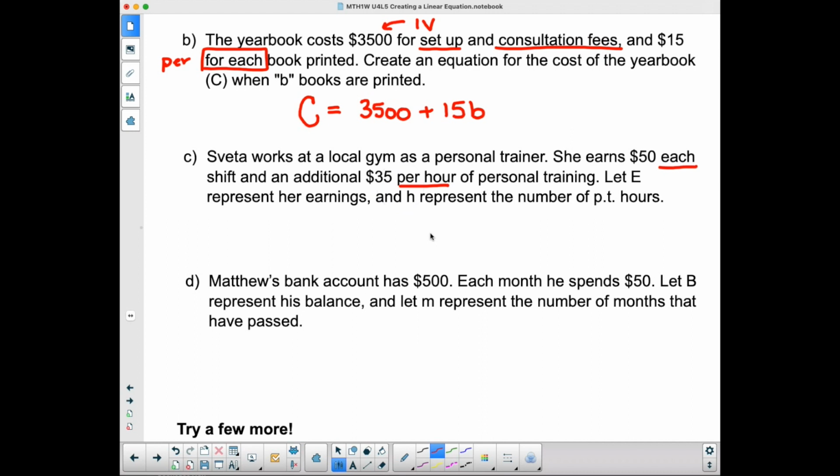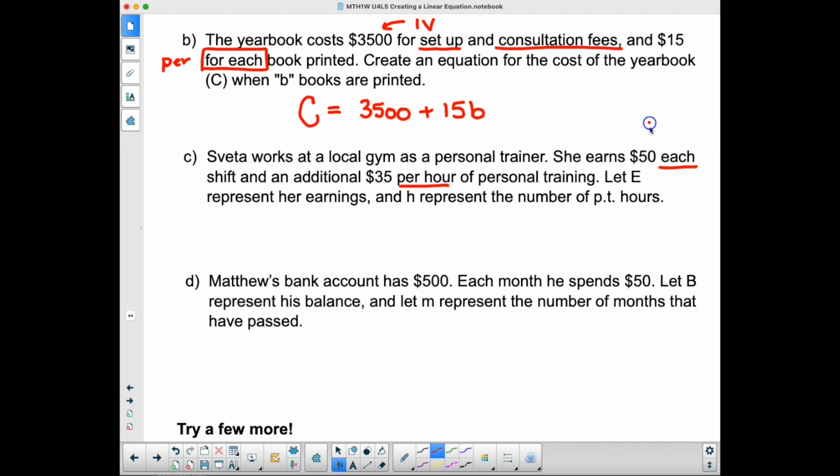So it looks like there's two per costs here, but there really isn't, because this says let E represent her earnings and H represents the number of part-time hours or personal training hours. So we're just trying to find out how much she makes in one shift. So since it's in one shift, we don't have to worry about this each shift part going up.